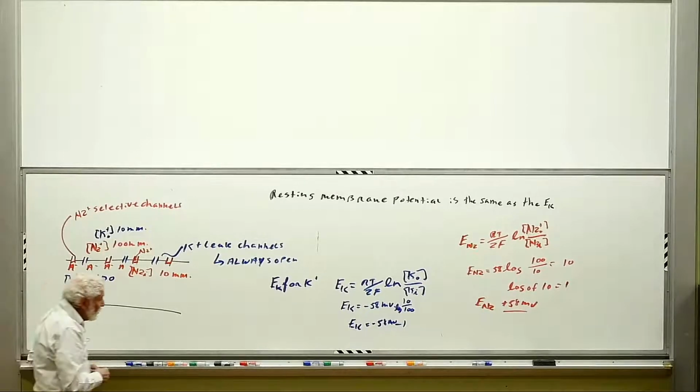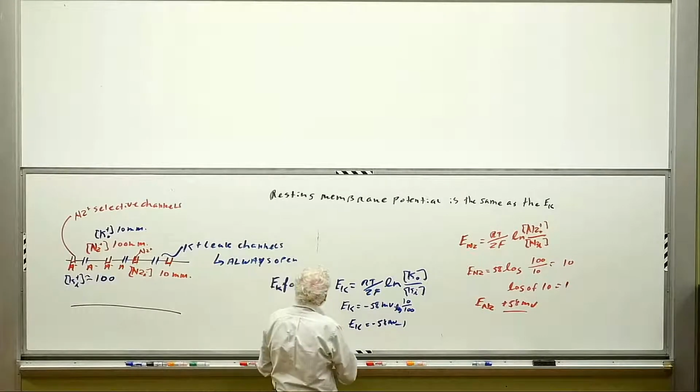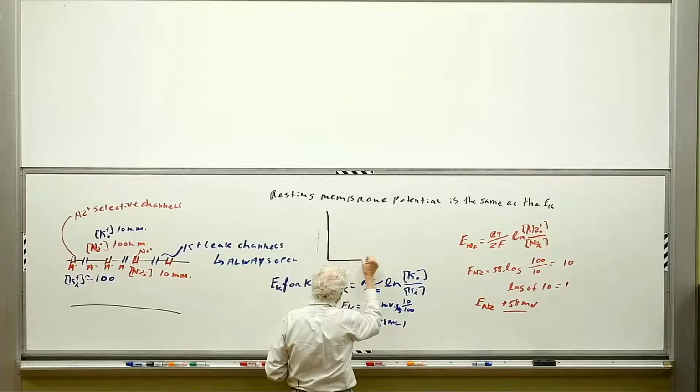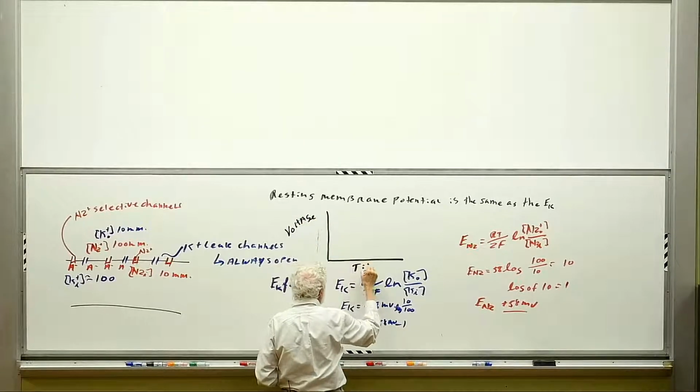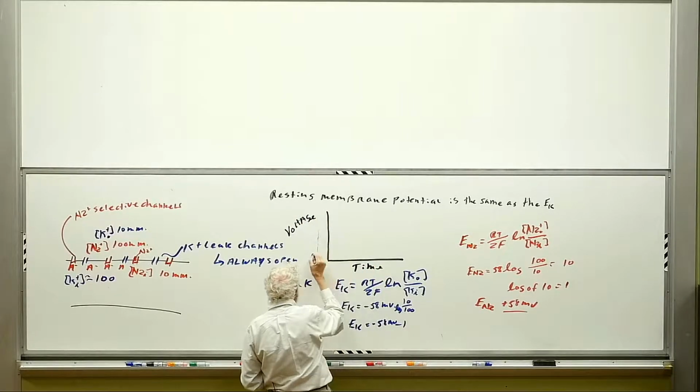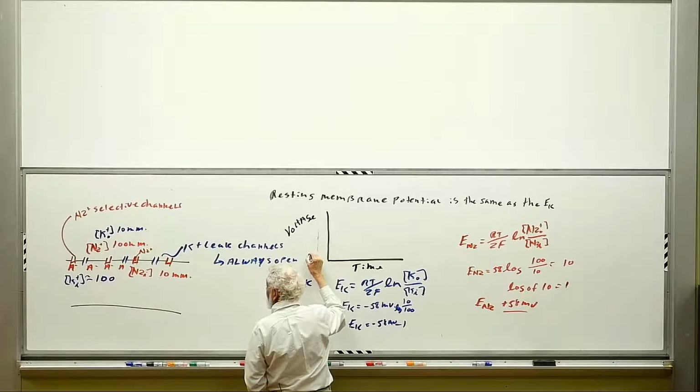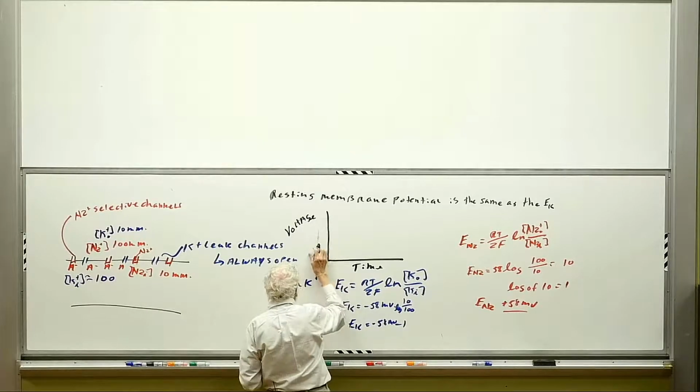So let's graph that. Let's take a look at it this way, where this is voltage, and this is time. And we start out at a membrane potential. I'll use the one we have here. We're going to start at minus 58 millivolts.